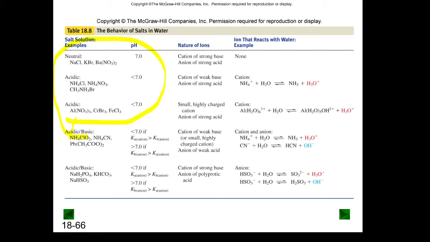Can you look at it and tell me whether this will be acidic or basic? This table's in your book. It's 18.8.